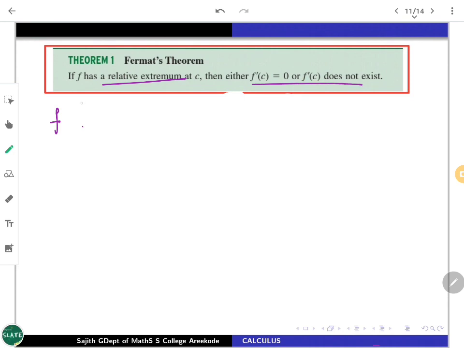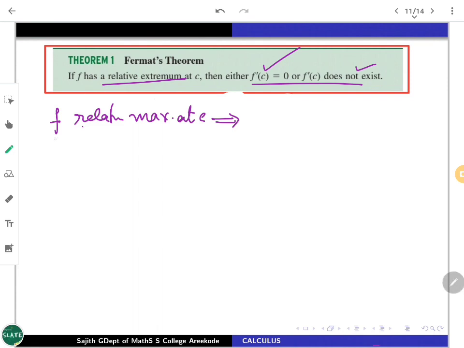So suppose f has a relative maximum at the point C. Then what you have to show is that it implies either this or that. If f dash C does not exist, then there is nothing to prove because it's a vacuous thing.